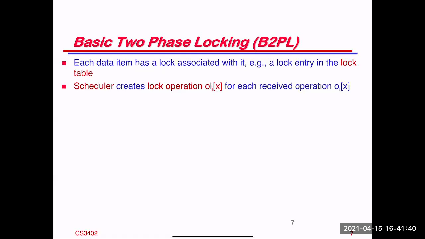If we have an operation OI that accesses some data item X, where I refers to the transaction, then the scheduler will create a lock operation OLI of X, and it will need to execute that before it can actually execute OI of X.